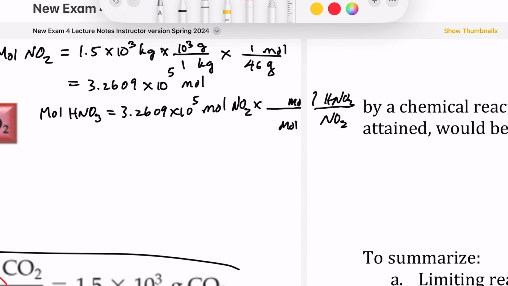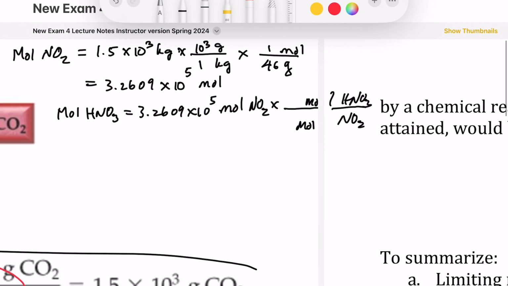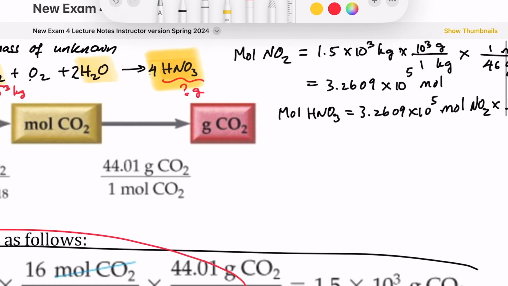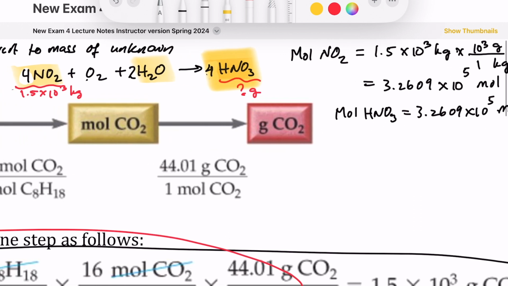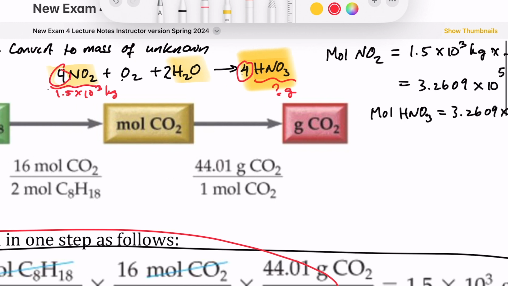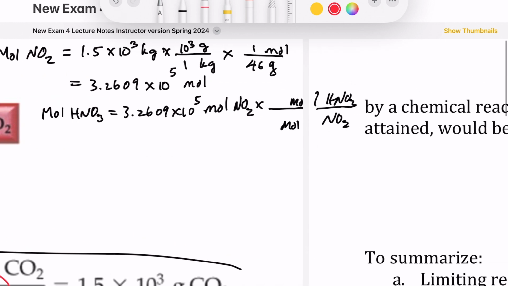And again, how do I know I put it that way? Because I want to cancel out the NO2. I want to get it to HNO3. And what numbers do I put here? The numbers from the balanced equation. So in this case, 4 for HNO3, 4 for NO2. So it happens to be 4 and 4. So in other words, the numbers don't change here. We just get the same number, but then the unit changes from moles of NO2, which is what we have, to moles of HNO3.